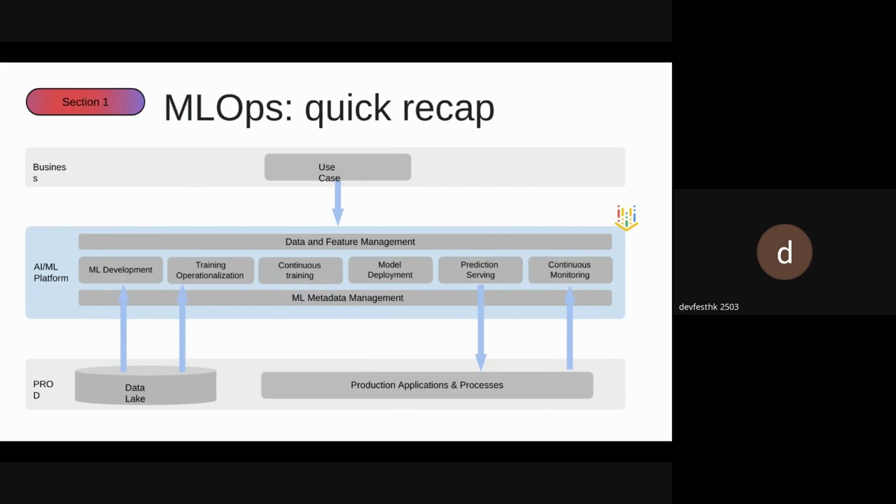From the SRE perspective, we're focusing on reliability. One common issue when deploying the model manually is human error: we deploy to production but miss some configuration. We want to avoid that.